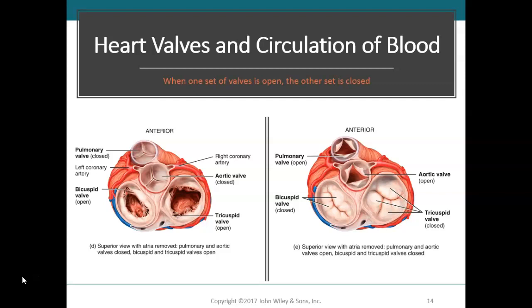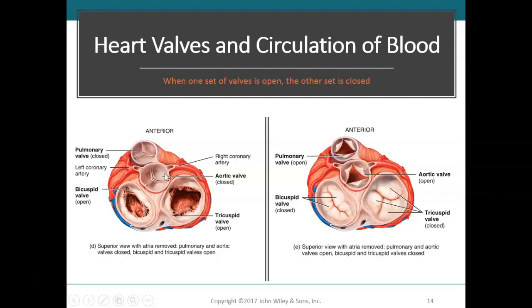Thinking about what we just talked about, with the blood being pushed from the atria through the AV valves and into the ventricles, which fill and then push the blood through the semilunar valves, it should be obvious to you that when one set of valves is open, the other set is closed. If you look at this particular picture, the pulmonary and the aortic valves are closed.